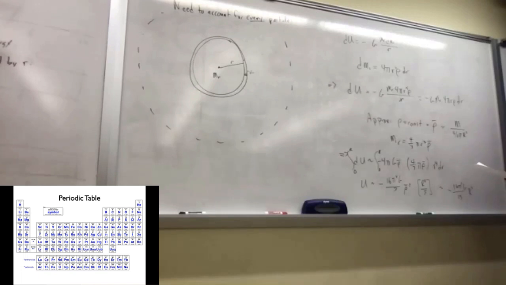Oh, right. And then this rho bar squared, the only thing I don't have is the rho bar squared, but we know what rho bar squared is. We can plug this back in here. Rho bar squared is 9M squared over 16 pi squared R to the 6th.